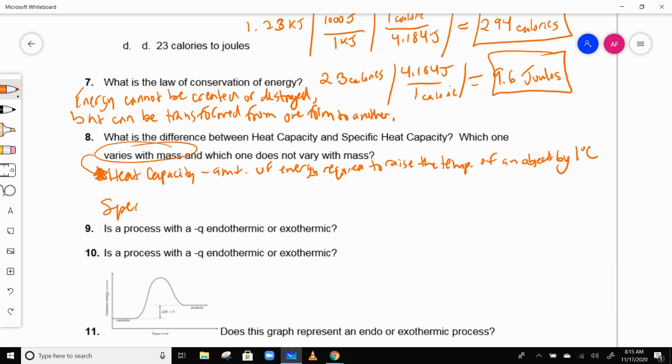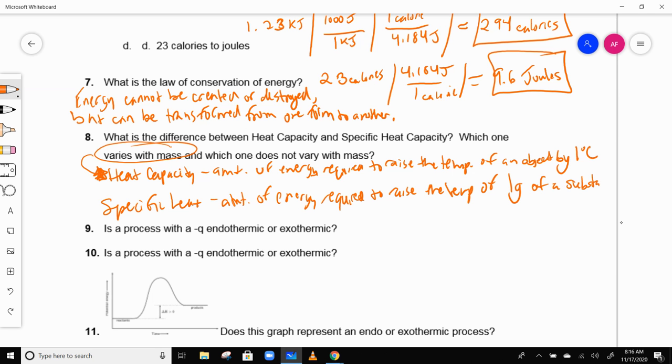Specific heat does not vary with mass. It's the amount of energy required to raise the temperature of 1 gram of a substance by 1 degree Celsius.